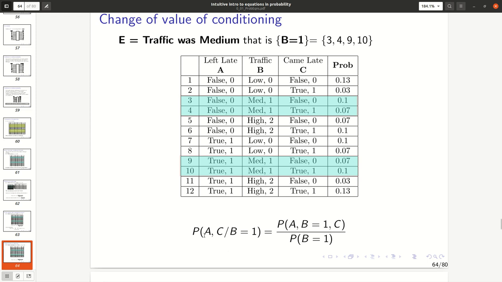The resulting distribution can be computed using this expression, but note that now we obtain a new distribution on A and C, which is completely different from what we obtained when we conditioned on B is equal to 0. So for each different value of B, we obtain a different distribution on A and C.